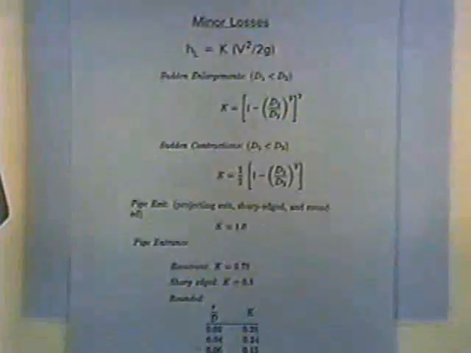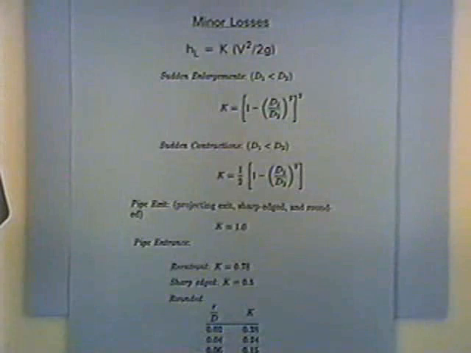And so in addition to the pipe itself, we've got all these fittings, and we call them minor losses. Minor losses might be quite major, or they might be minor, depending upon the relative magnitude of how many fittings and the impacts of the fittings compared to the lengths of the pipes in the system. But we do consider minor losses, and there's empirical information to help you do that.